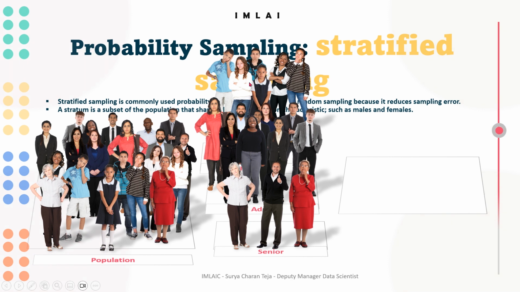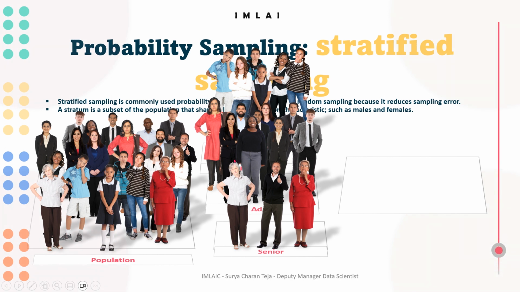If you see stratum 1, which is teenagers, it is homogeneous inside, but when compared with stratum 2, adults, that's clearly heterogeneous, because this age bracket is different from that age bracket. That's why strata are homogeneous inside and heterogeneous to each other.